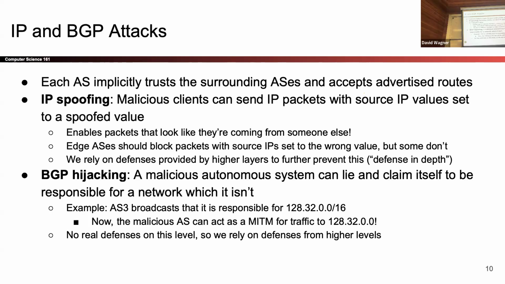So you can potentially send a packet claiming in the source address that this is from Stanford, but it's not, it's actually from you. And by the time it reaches the recipient, they'll have no idea. They'll just assume it came from Stanford and send a reply back to the IP address that was supplied.